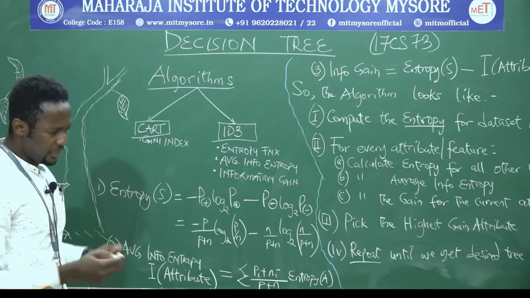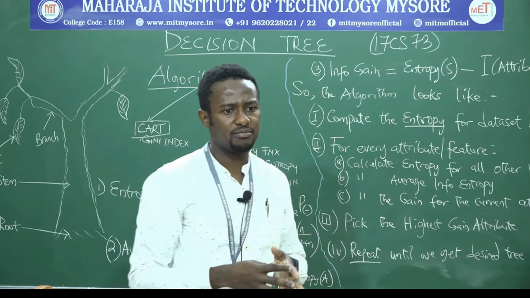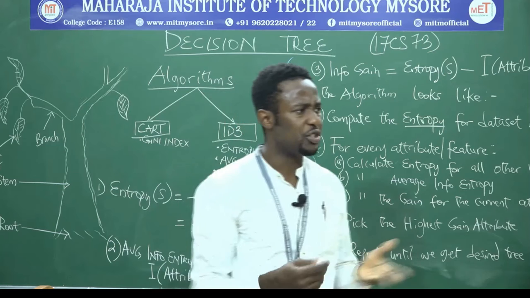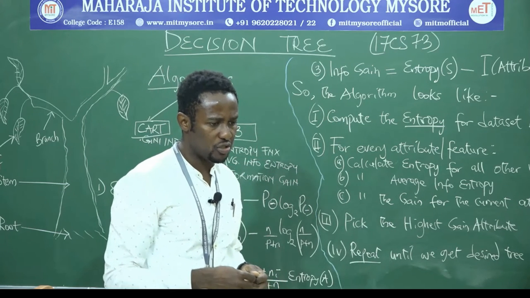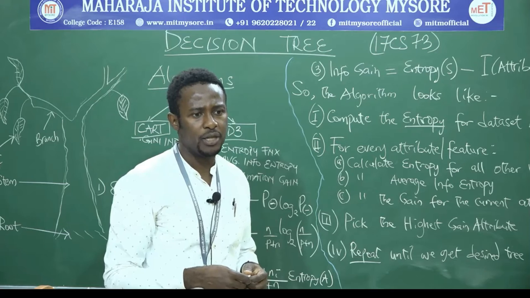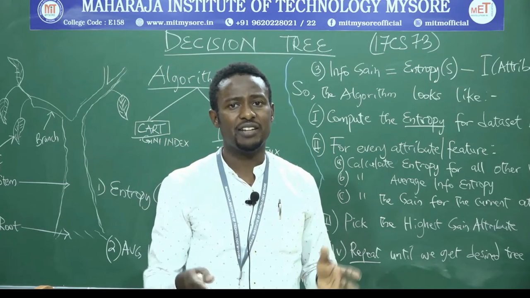So in machine learning and even in data mining, and generally even in your basic artificial intelligence class, you must have learned about using decision trees to make some salient decisions, right? In life, we make decisions almost every now and then.